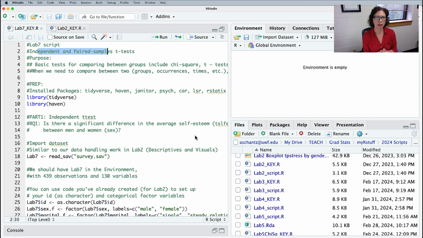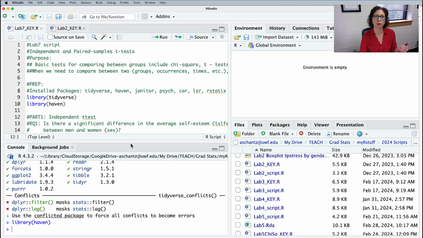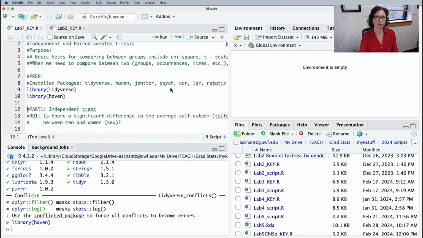In the independent test, we're comparing between two groups, and in the paired t-test, we're comparing between two time points, measuring the same person twice. So to get ready, we need to have some packages installed, and I'm going to go ahead and load up Tidyverse and Haven. Haven is used when we want to import a SPSS dataset.